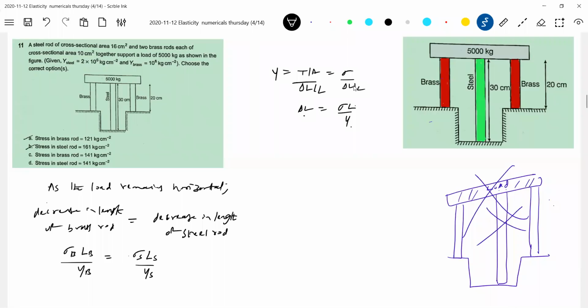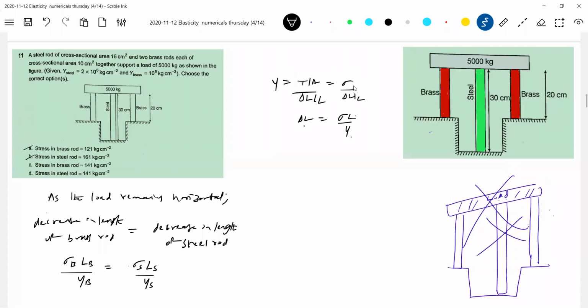Who will balance? Actually, I think you should really come here. The brass rod will exert a force FB, because it is compressed, and in turn there will be a force by the load on the rod in this direction. What is this FB? The force exerted by the rod on the load.